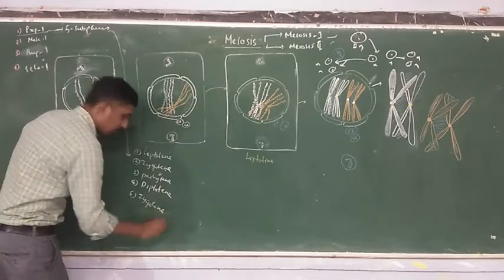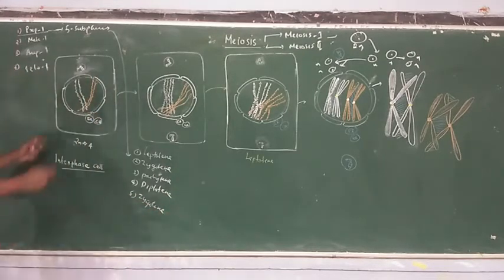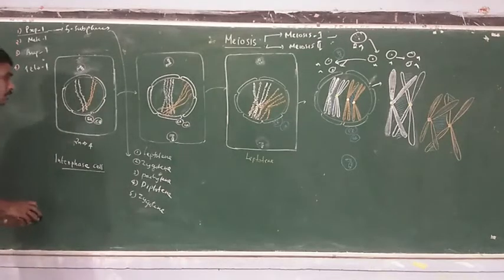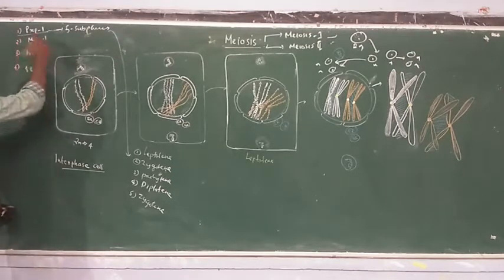These are the 5 subphases that come under prophase 1. After diakinesis, metaphase 1 will start, then anaphase 1, then telophase 1. These are the main phases which come under prophase 1.